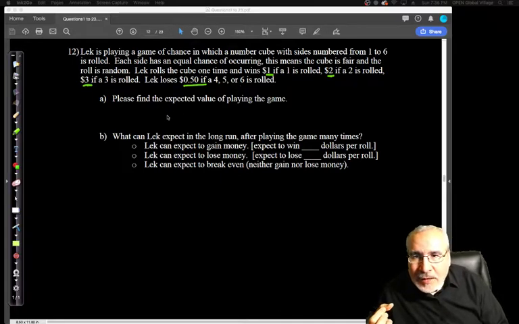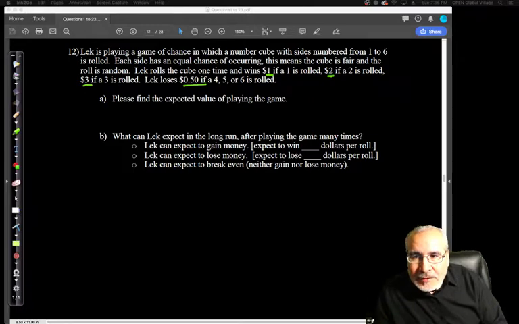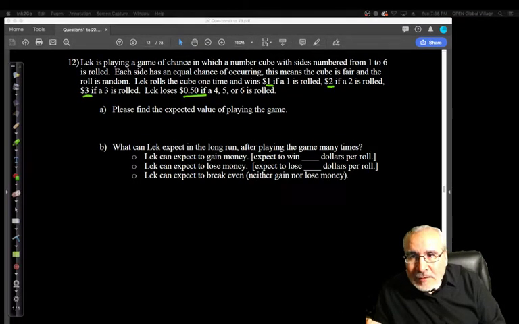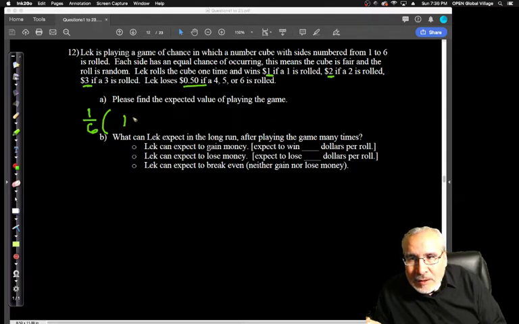So the expected value. Well, one way to think of it is each roll has a probability of 1/6, so we could factor the 1/6 out front. First, we're going to take all the positive values. 1 is positive.